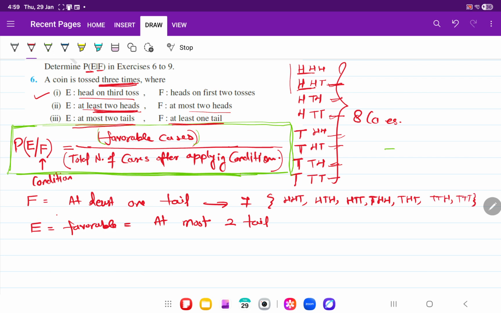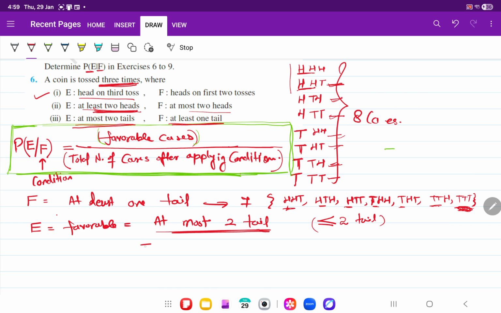This is all allowed. Out of that, at most 2 tails means 2 or less is allowed, right? So this case is allowed, this is allowed, this is allowed, this is allowed, and this is allowed. This case will not be allowed where the number of tails is more than 2. So TTT will not be allowed.